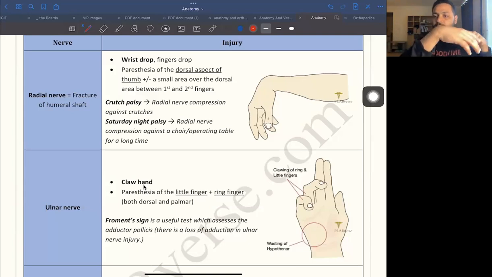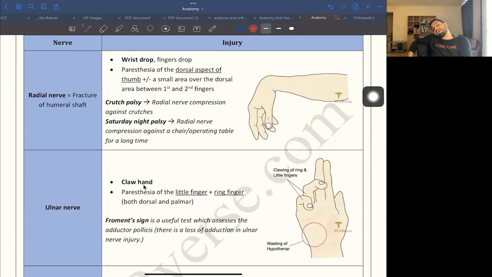What does the radial nerve supply in sensation? The anatomical snuffbox area. So you will lose the sensation in this part. There are two common sources of injury for the radial nerve. That's called crutch palsy. You know all the crutches that people used to have that put a lot of pressure on their armpit, that might injure the radial nerve, and also Saturday night palsy.